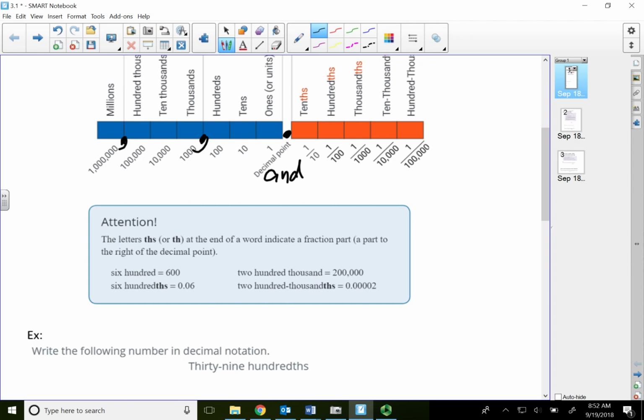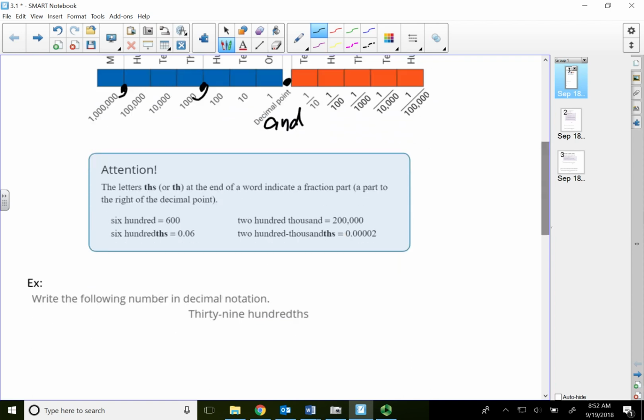Normally the way we do this is go by the last digit, so we say 6. Then we tell the reader the place value of the last digit. The last digit is located at the hundredths position.